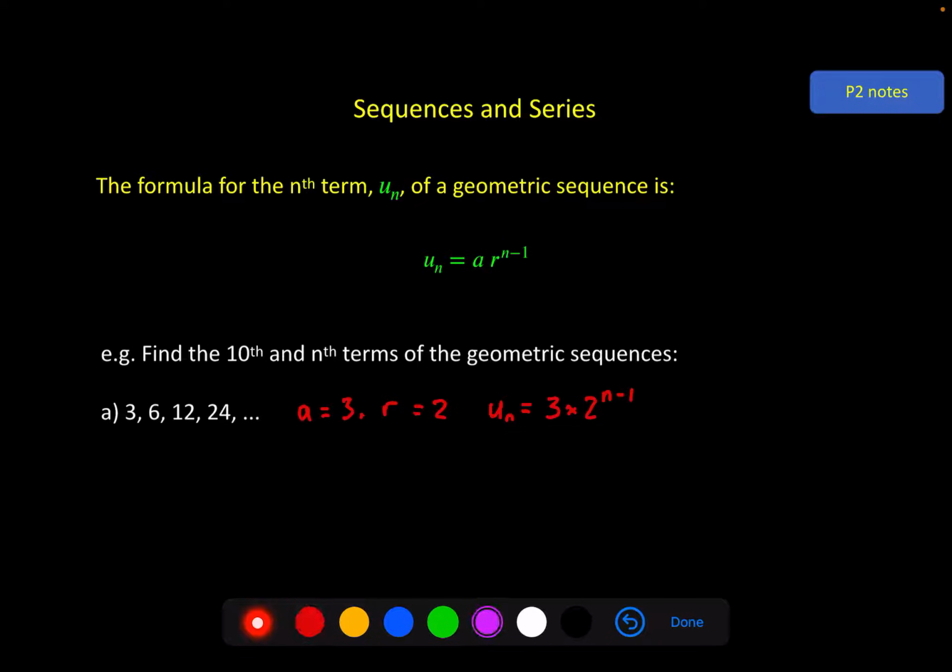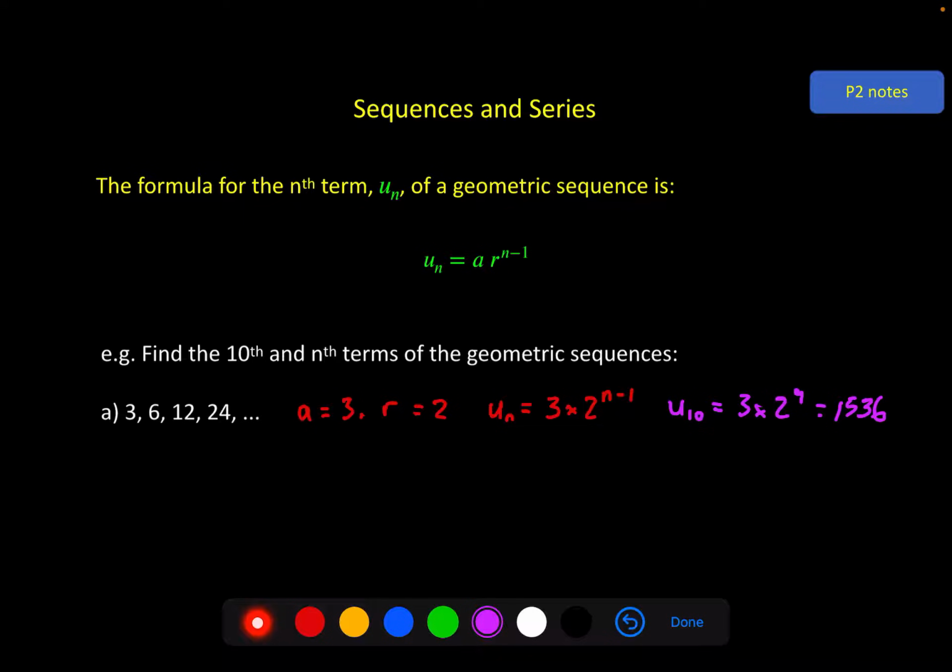So the 10th term is 3 times 2 to the power of 10-1, which is 9. Bang that on your calculator. 3 times 2 to the power of 9 is 1,536.